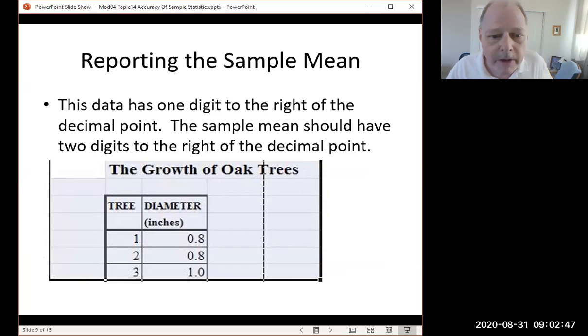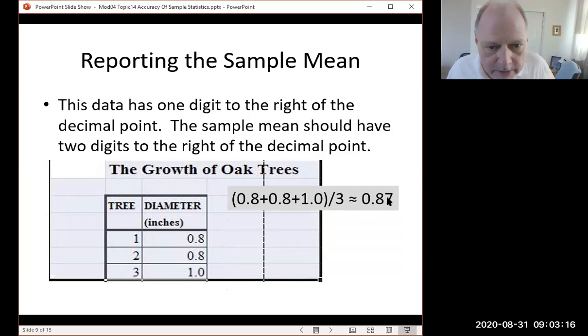So here's some oak tree diameters. This data has 1 digit to the right of the decimal point. This data appears to be accurate to the nearest 1/10 of an inch. So when you report the sample mean, you'll go 2 digits to the right of the decimal point, 1 more digit than the original data had.